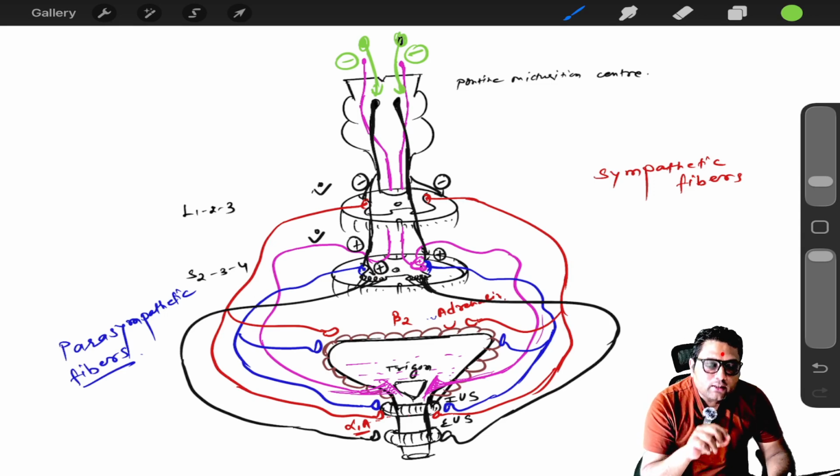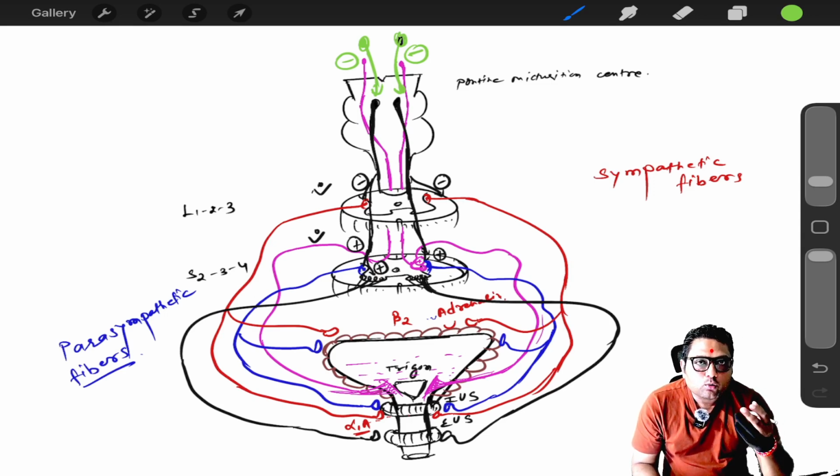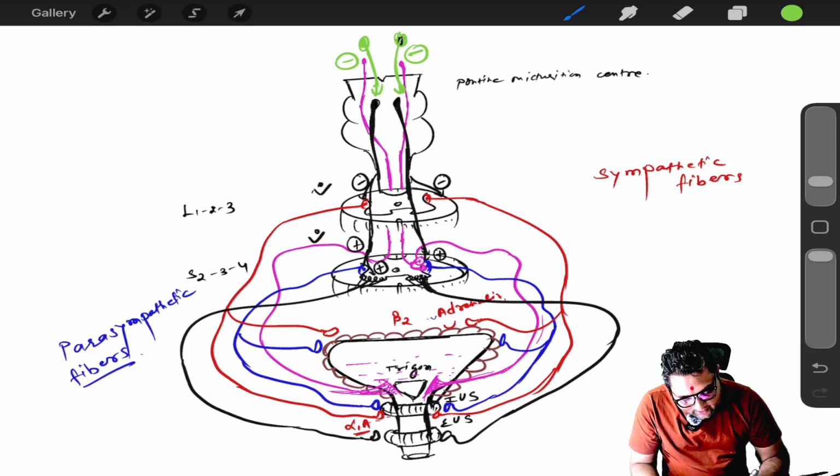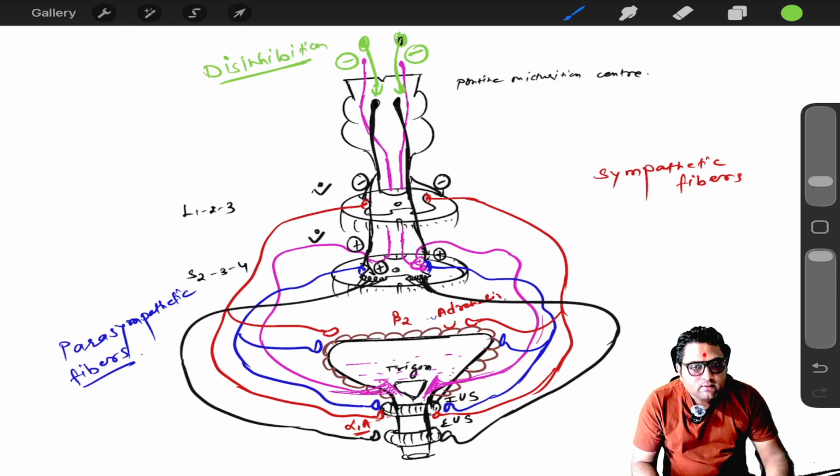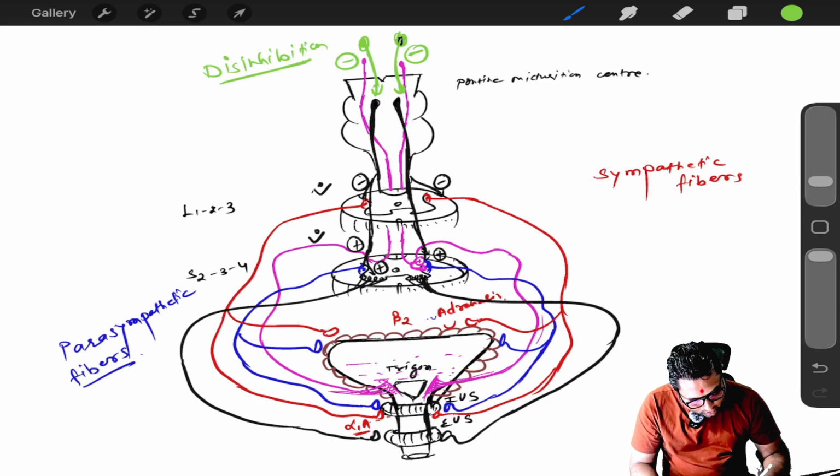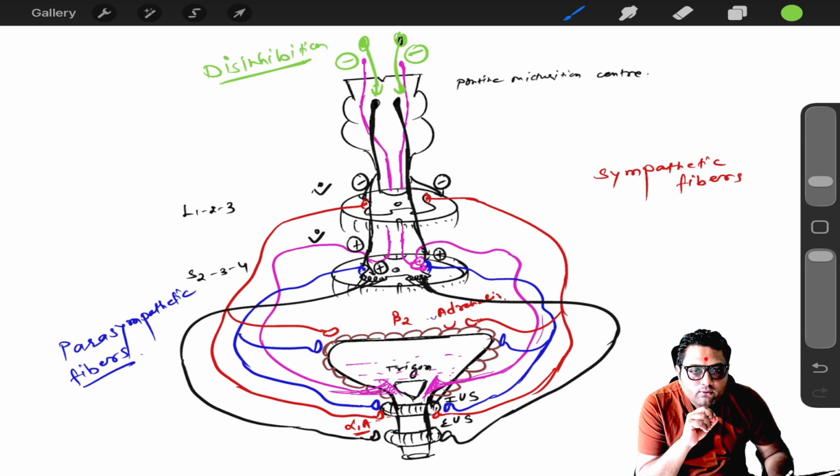But as soon as you reach an appropriate place, like a washroom, which is a socially acceptable place to void the urine, this inhibition is relieved. This is also called disinhibition. This disinhibition leads to stimulation of the parasympathetic fibers and inhibition of sympathetic fibers.